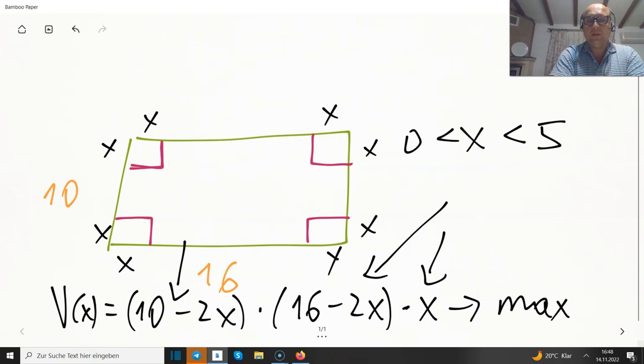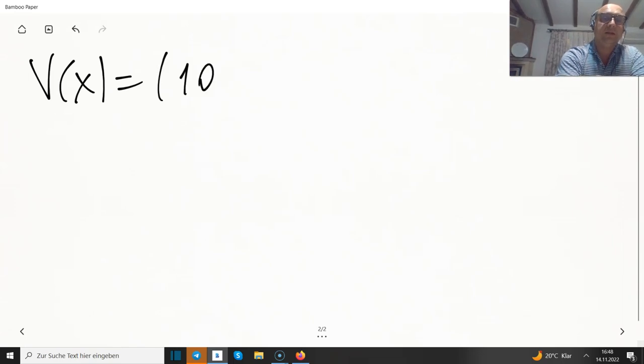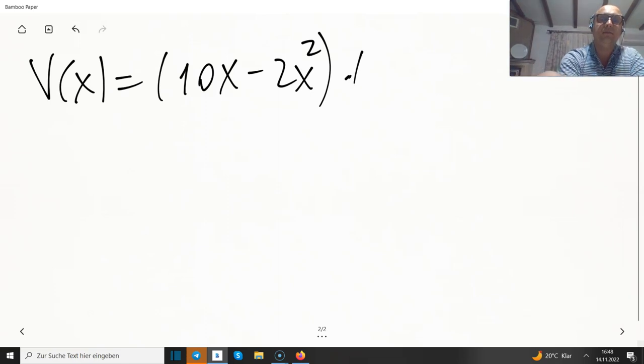And before we start producing derivatives, let's multiply it out. So V of x would be equal to, let's say, 10x minus 2x squared times 16 minus 2x, and let's multiply it out.